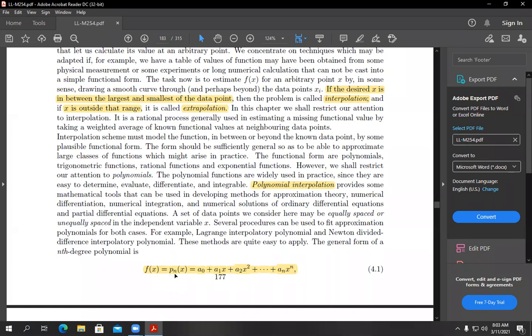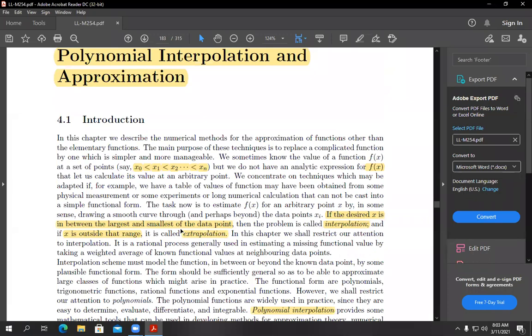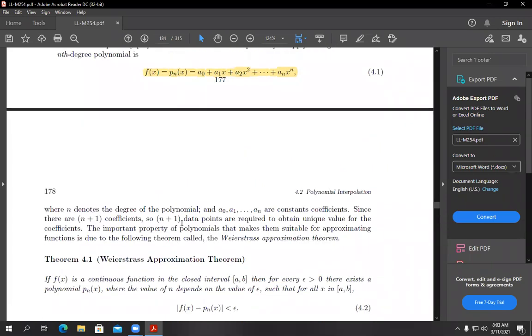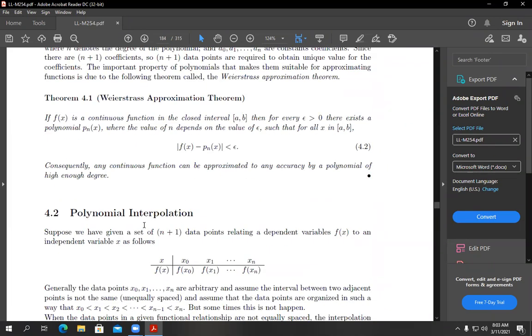We have to find a polynomial Pn. That means we have to develop the formula according to the given table. This is a table I will show you. This is a table we are given here. This is always given in chapter number 4. And first, what is our job?